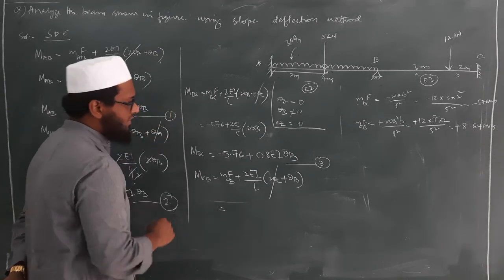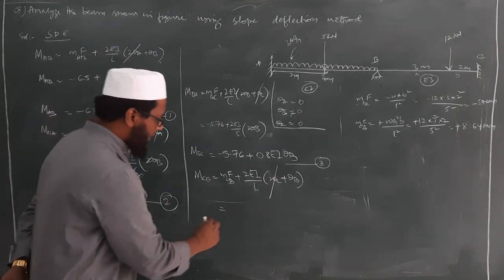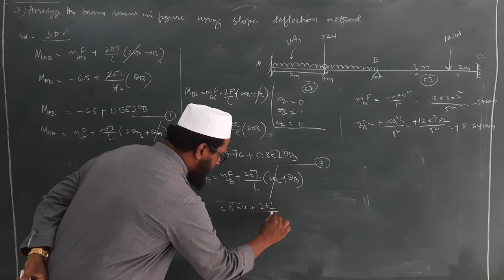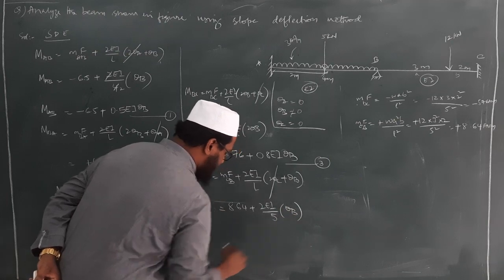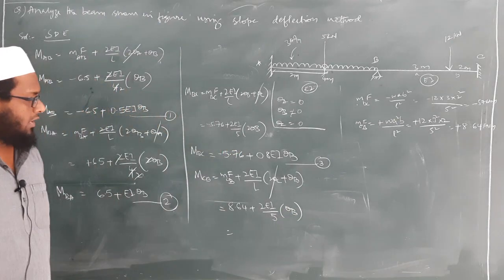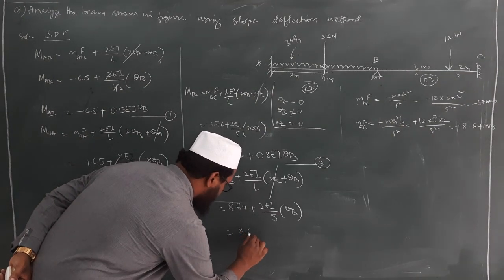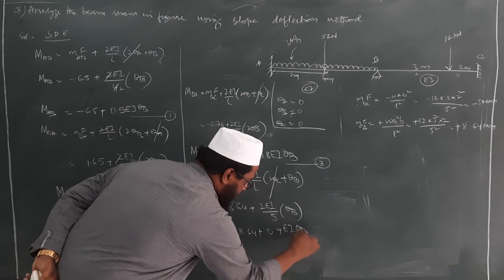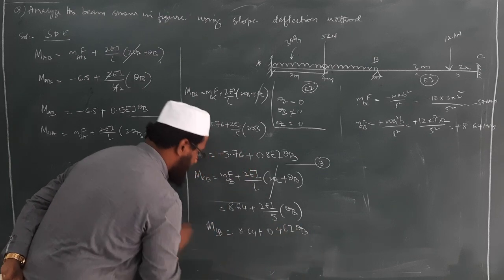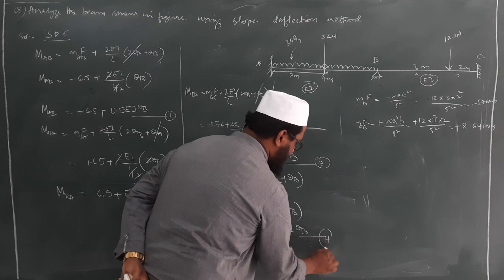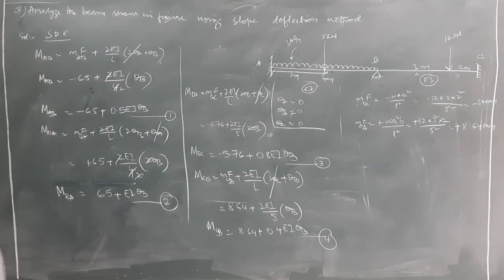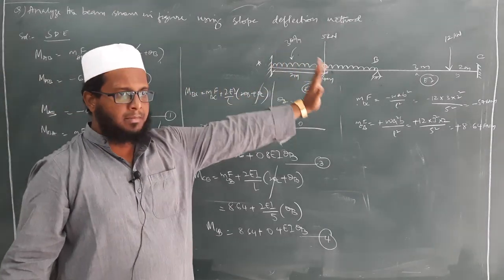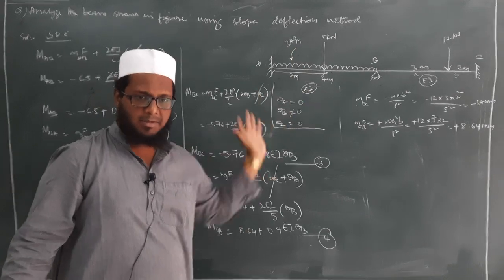So what is the value of MFCB we have? 8.64 plus 2EI by 5 into theta B. So can you tell me this value? 8.64 plus 0.4 EI theta B. This is MCB, equation number 4. Yes, able to follow this one? Yes, it's very simple, right? Calculate MAB, MBA, then MBC and MCB.